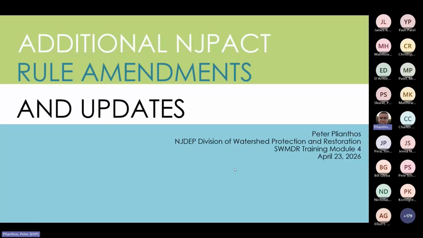In this presentation, we will go over some of the amendments to the stormwater management rules, which were adopted on January 20th, 2026. We have addressed most of the amendments in prior presentations. Here we will cover some that have not been addressed or were only briefly touched on.